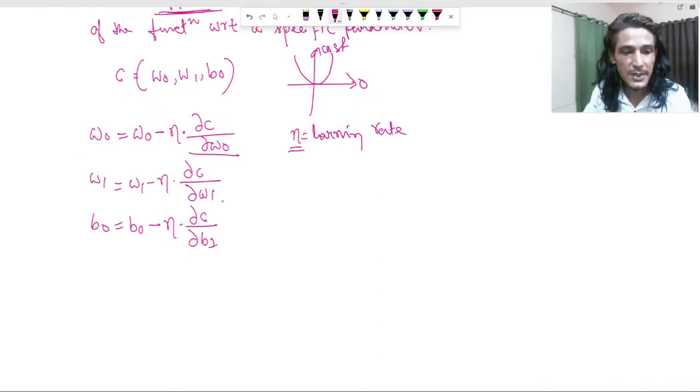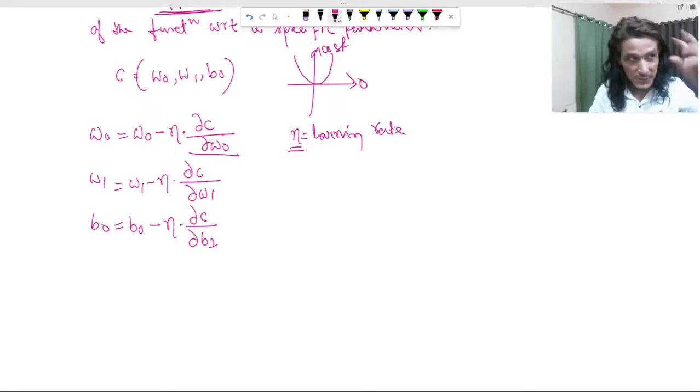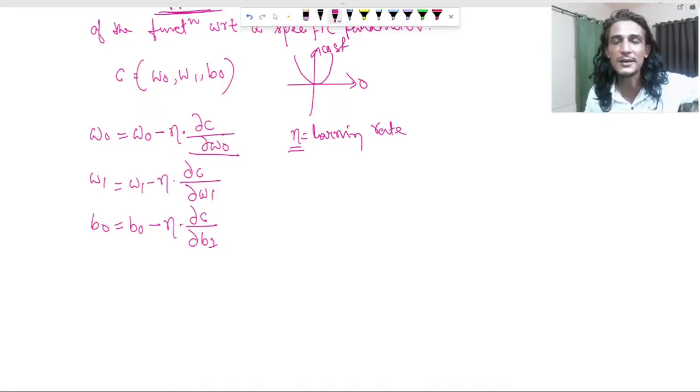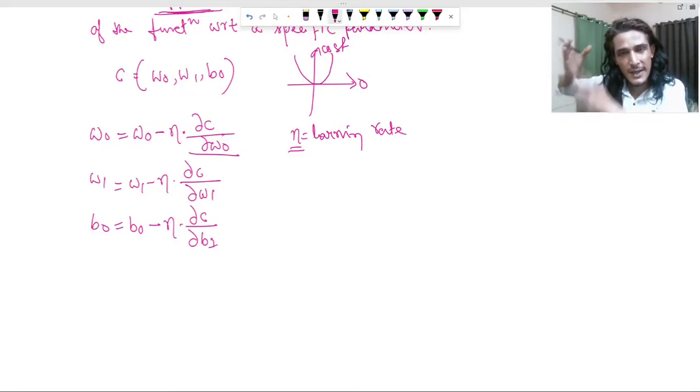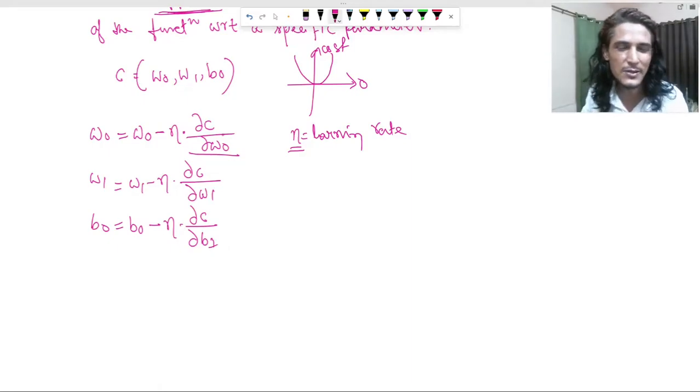From the weight, we subtract the rate of change of the cost function at that point with respect to any specific weight in the network. We do it step by step: first in the last layer, then the second last layer, then the second to second last layer, like that. That's why it's the backward pass.